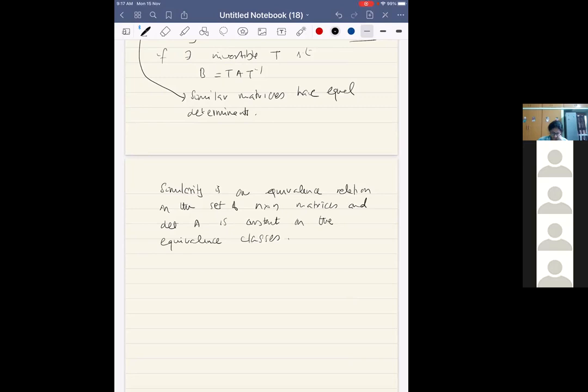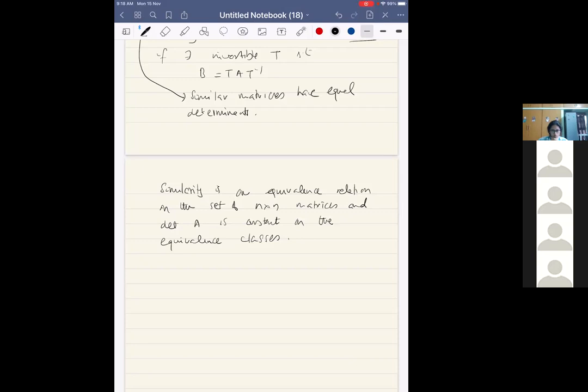Whenever I have an equivalence relation on a set, that set gets partitioned into equivalence classes. And what this simple computation tells you is that the determinant of a matrix does not change if I go from one matrix to another, as long as I stay in the same equivalence class.